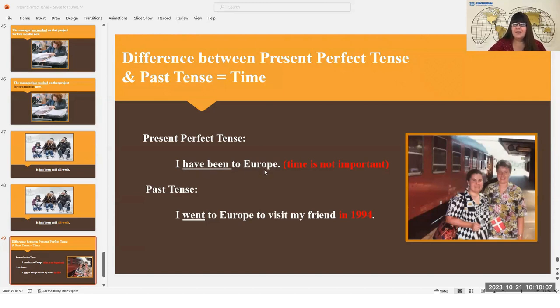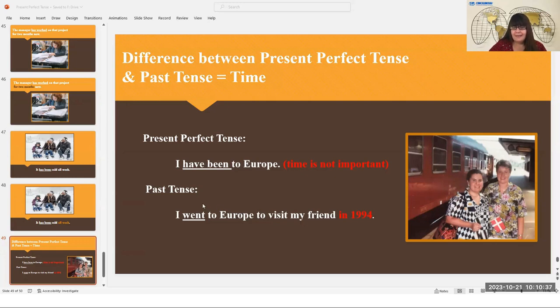I'm telling you that during my life, I have had the experience of going to Europe. And the time is not important. Okay, here I put a picture. This was when I went to Denmark to visit my friend. But it doesn't matter when. I'm just telling you that I have this experience. I have been to Europe.